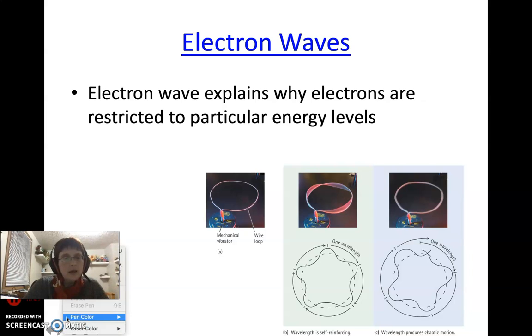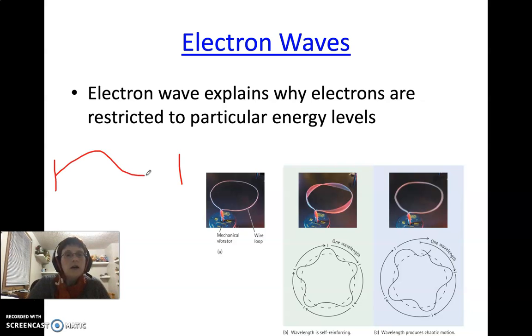Now, when we saw these before, we were looking at them when they were attached at two ends, right, if you remember this, and they were going back and forth. So hopefully this looks familiar when we talked about sound.